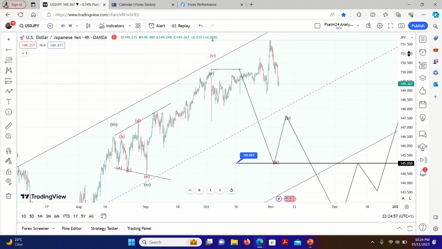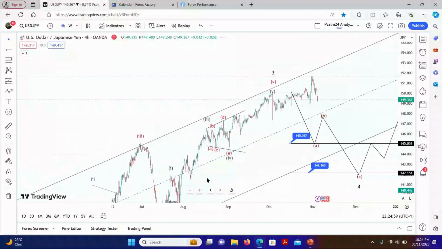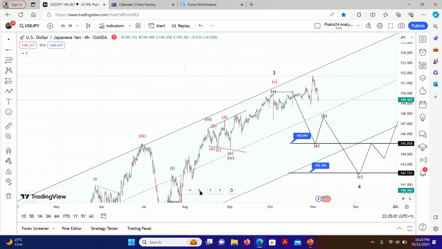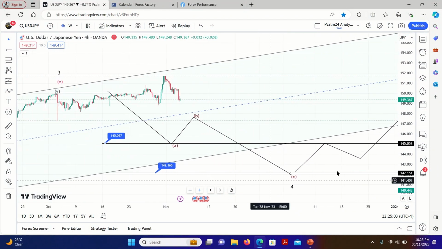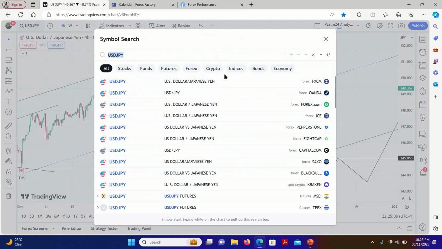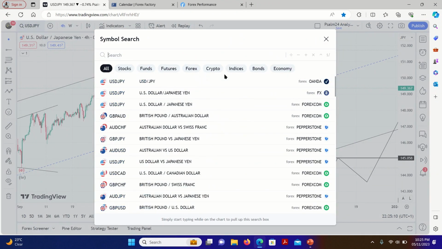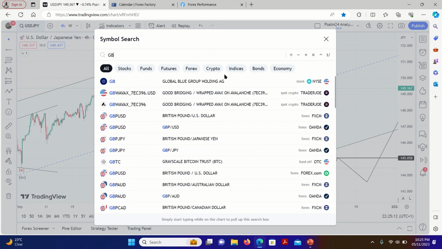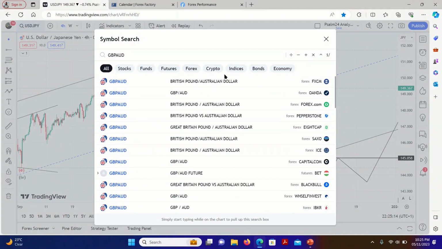It's a long bullish move, but we are still bearish based on this particular analysis. All right. So the next analysis that we did was on GBPUSD. I think so.